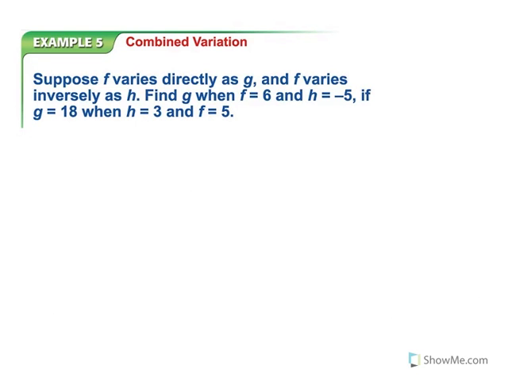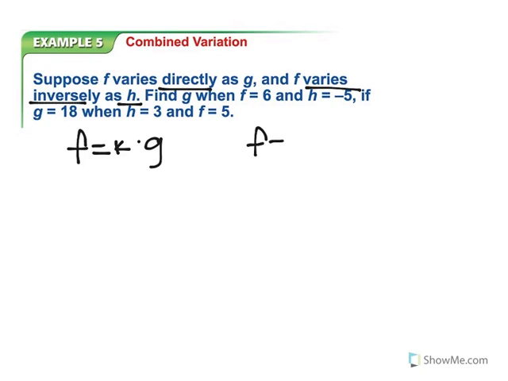All right, last example, we have suppose that f varies directly as g and f varies inversely as h. So let's think about these. F varies directly, so that means it's going to be the formula k times g. And then it says f varies inversely with h.